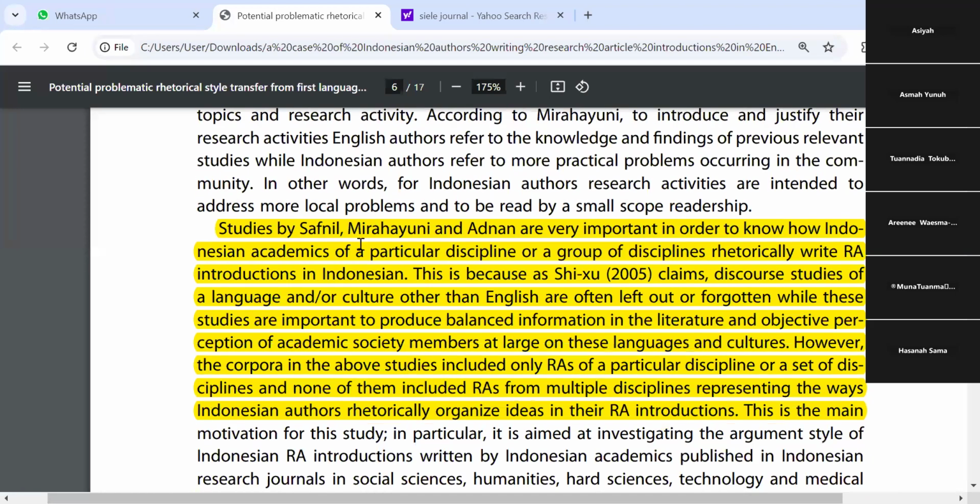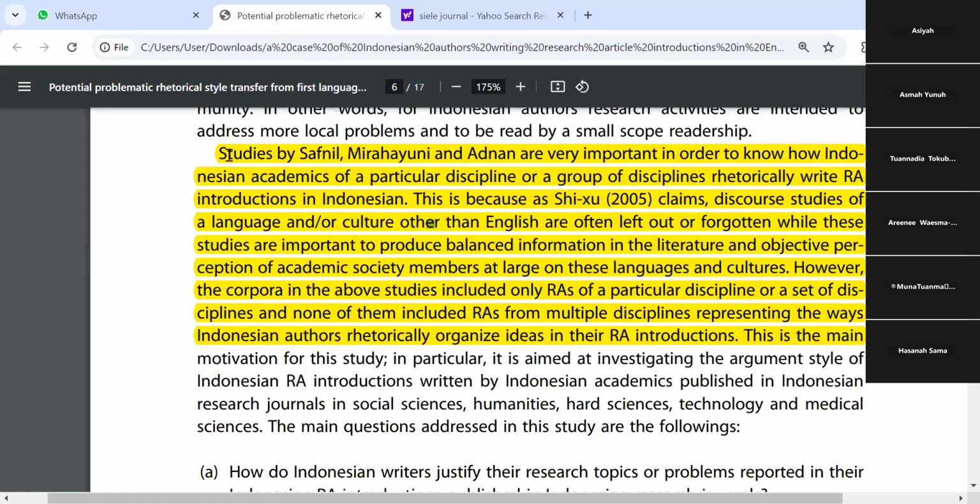Studies by Safri Mayuni and Adnan are very important in order to know how Indonesian academics of a particular discipline rhetorically write research articles in Indonesian. This is because Shu claimed discourse studies of a language or culture other than English are often left out or forgotten, while these studies are important to produce balanced and objective information in the literature. So this is the research gap.